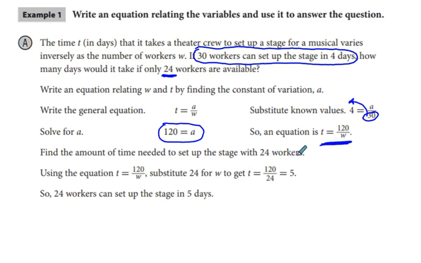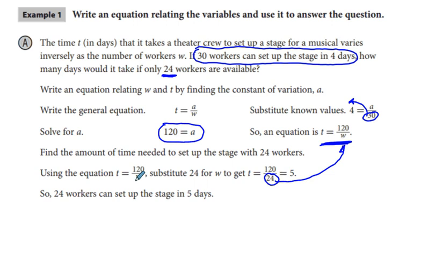What I like to do is you can just substitute in. So if you want to try 24 workers, you can take 24 in the place of the number of workers, and now what you have is you'll get 120 divided by 24, or 5.